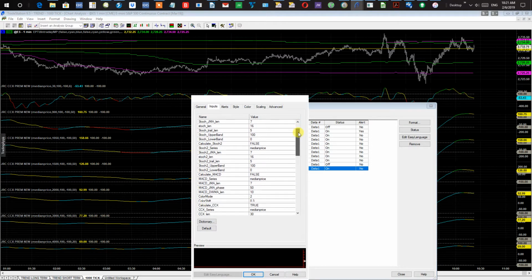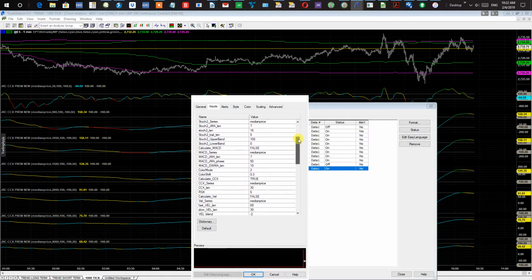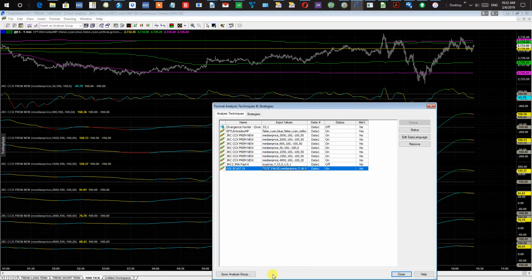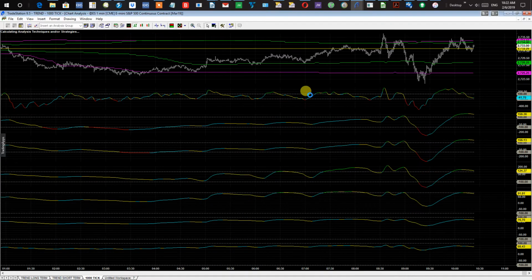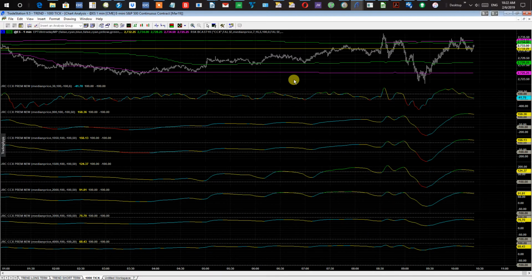So I went down into my broadcast indicator here, and I changed this setting to 1500. So all I did, like this, like that, and hit OK. Now, when I did that, it sent the data to our strategy.